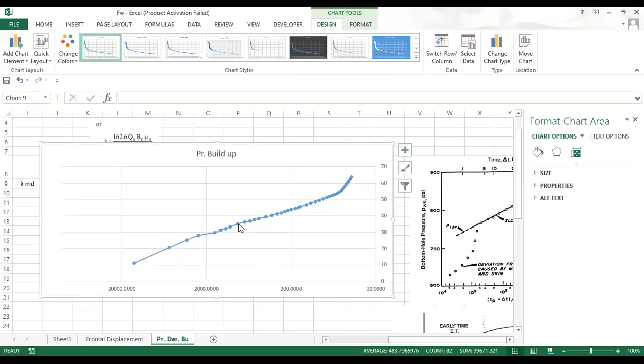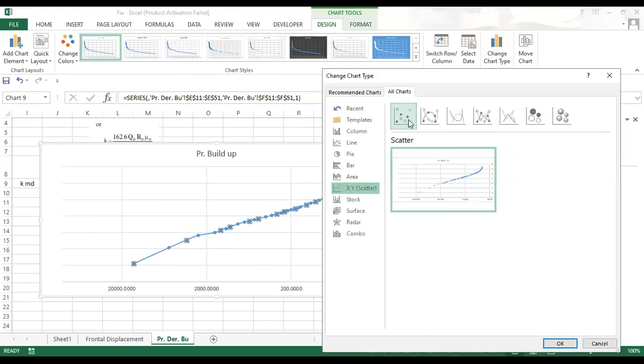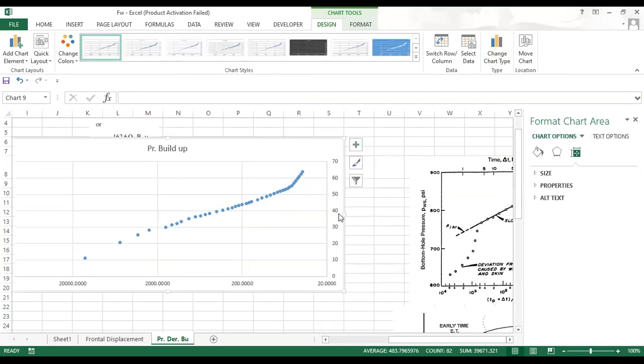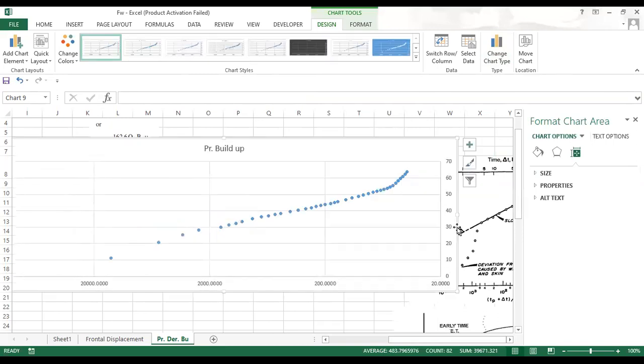I will change this type of graph to normal points. When you observe these points, we cannot actually identify any term over here, but there are two to three slopes we can identify from this.